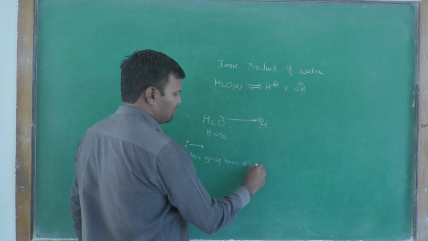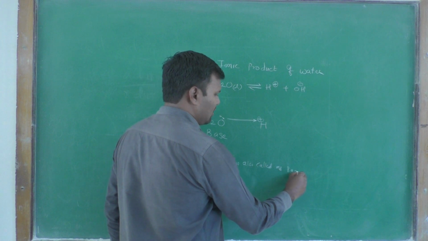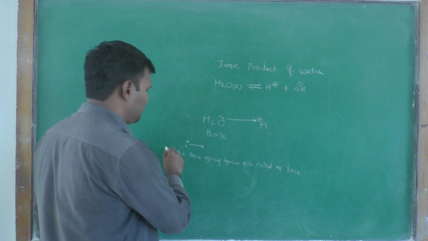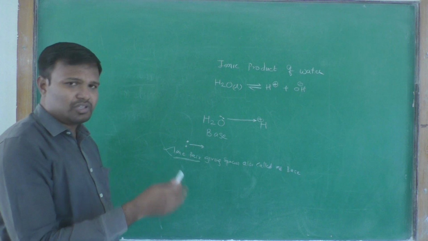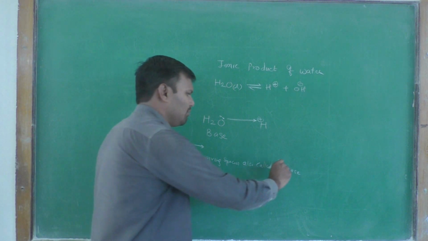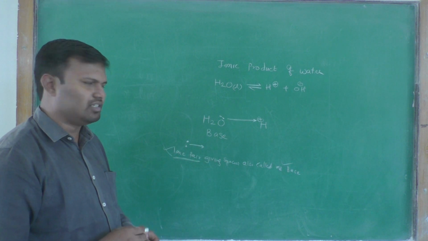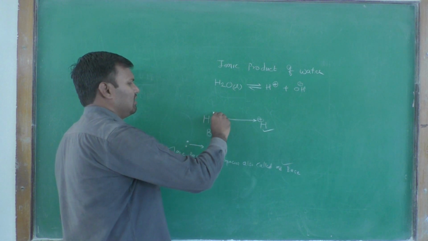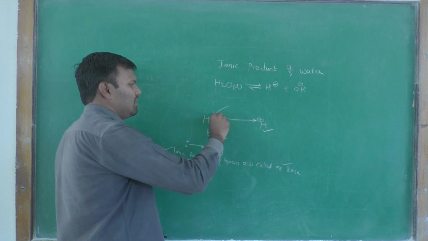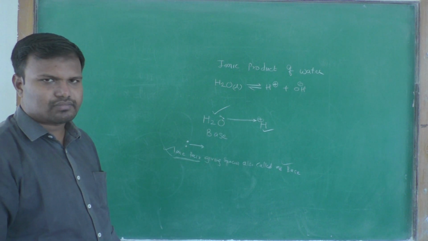According to the Lewis acid-base theory, a lone pair donor is a base, and a lone pair acceptor is an acid. This acts as a base, which gives the lone pair to the H plus ions.